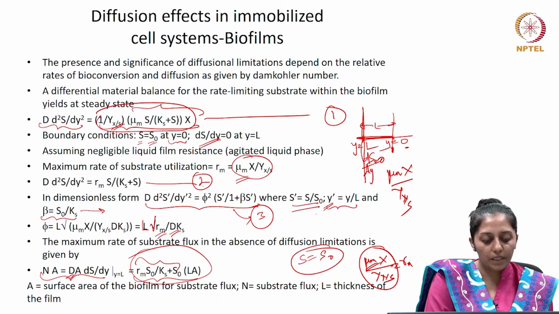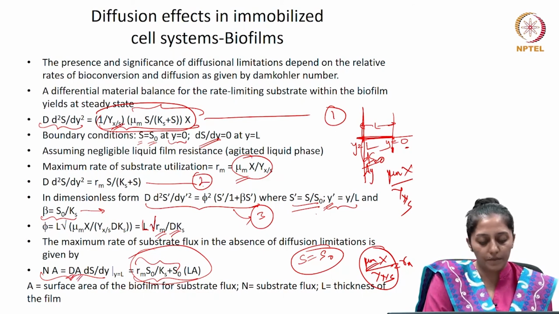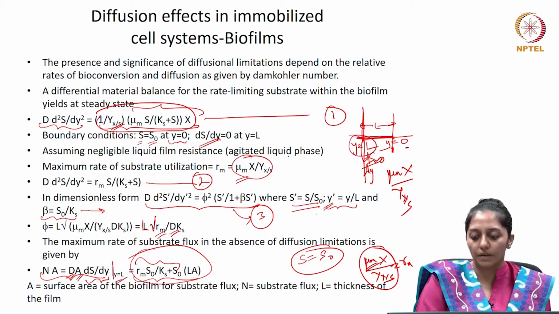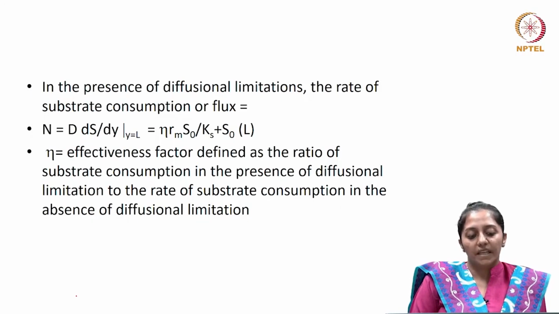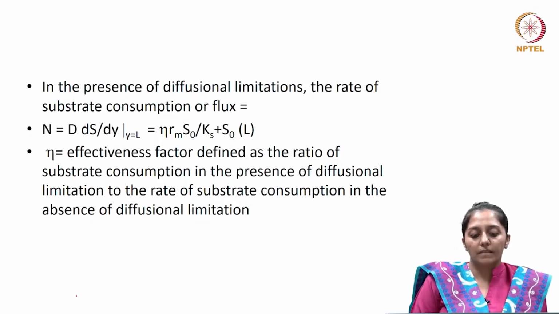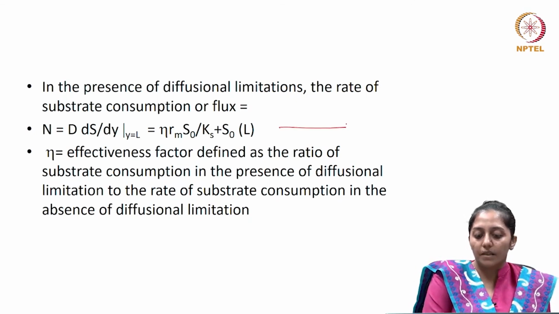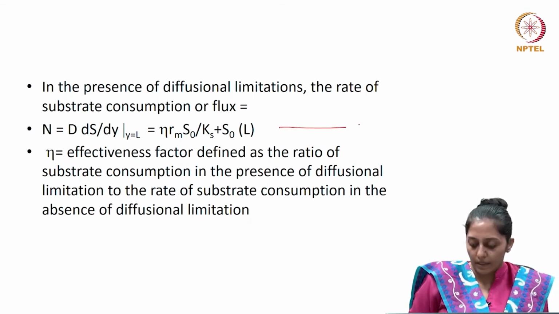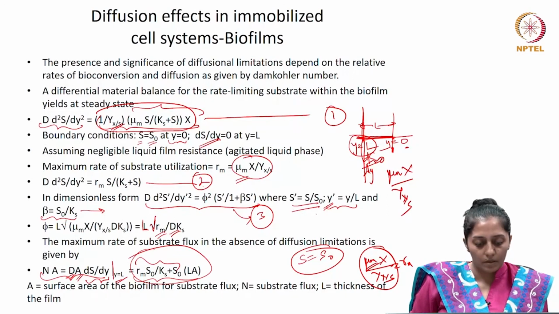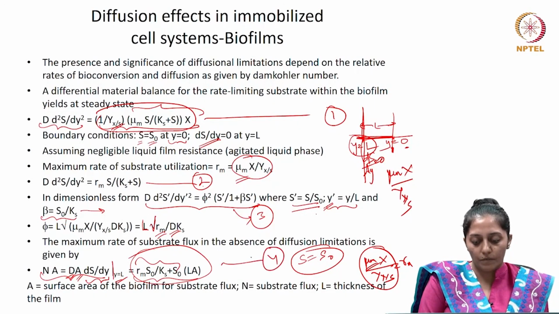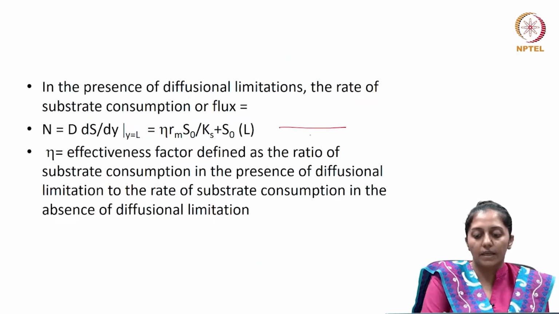D is the diffusivity, A is the surface area, and ds by dy at y is equal to L as shown here. So, in the presence of diffusional limitation, the rate of substrate consumption or flux can be given by this equation as shown here. So, this was equation 4, let us call it equation 5.